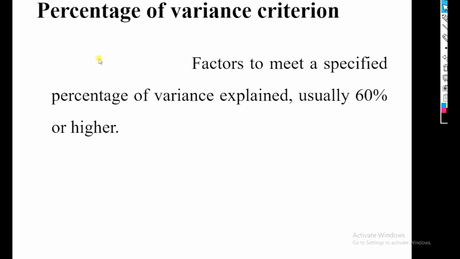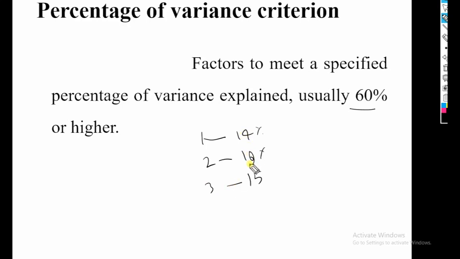The third method is the percentage of variance criteria. The cumulative variance should be more than 60%, and the number of factors can be defined through this 60%. Sometimes one factor contributes 14%, the second 16%, the third 15%, in decreasing order.